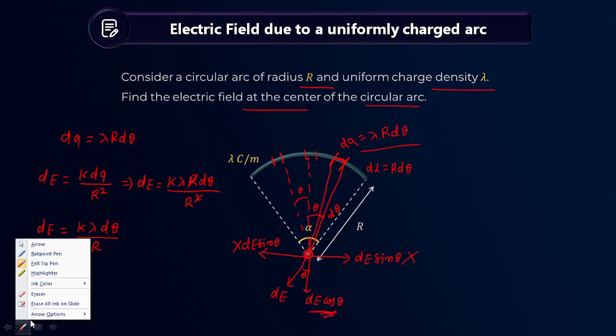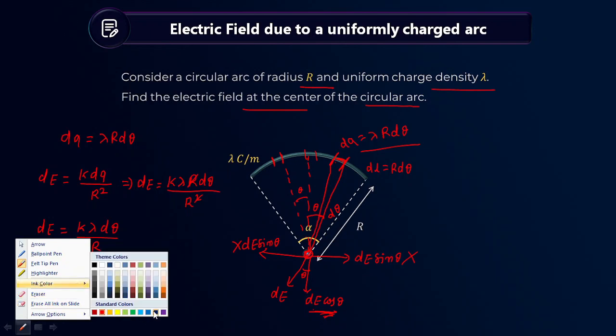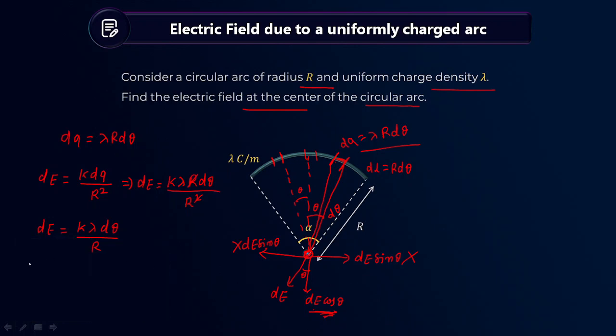So can I say that the net electric field will be equal to the integration of dE cos theta, from where to where? Now the limit should be from where to where? If I move this side, it will be alpha by 2, and if I move this side, it will be minus alpha by 2. So the limits will be minus alpha by 2 to alpha by 2, right?